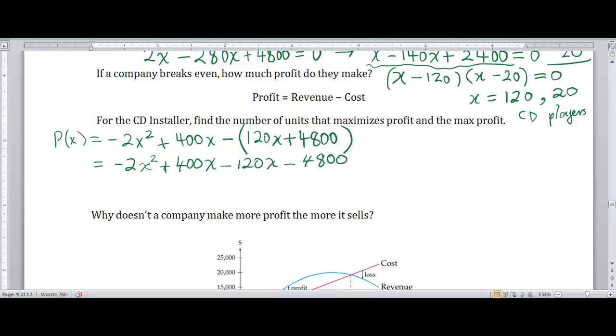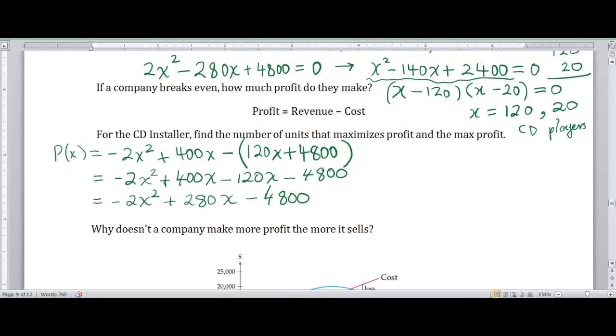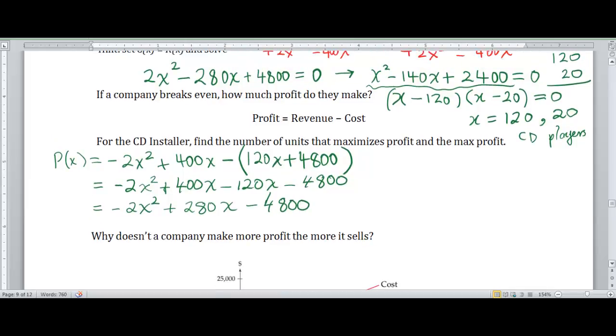Okay, so that is going to be minus 2x squared plus 400 minus 120 gives me 280x minus 4800. Okay, and as you can see, that is pretty much what I had up here. If you look at this, 2x squared minus 280x plus 4800, it's just a negative of this.